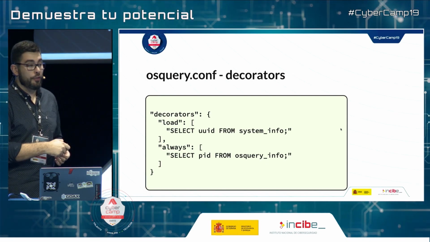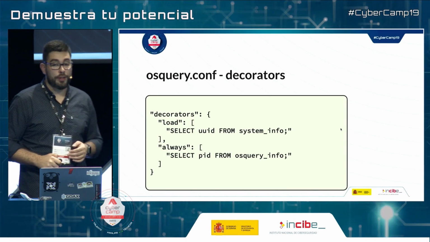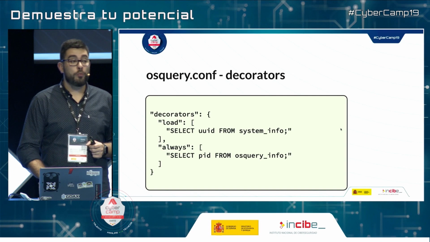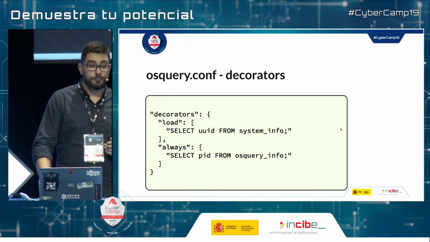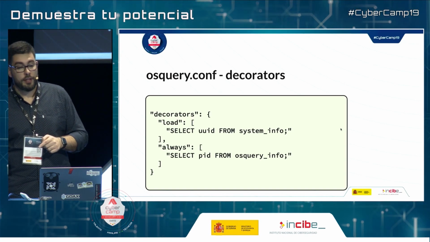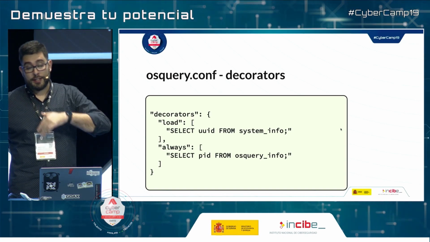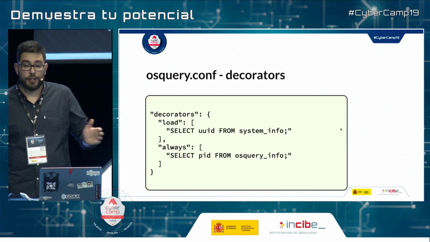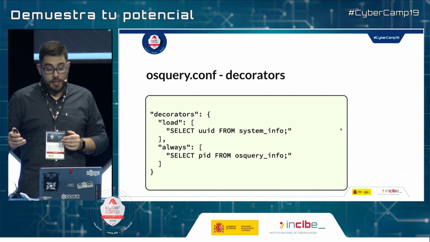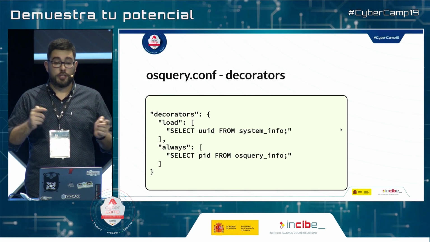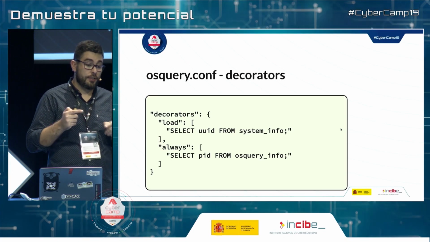Or if you want the decorator to be executed continuously, you would configure it as always. Now, this field is extremely interesting because when you have a remote osquery configuration and you have indexed data in Splunk, Kafka, Elasticsearch, whatever you use to store your logs, this is going to add metadata to all the information that you're indexing.